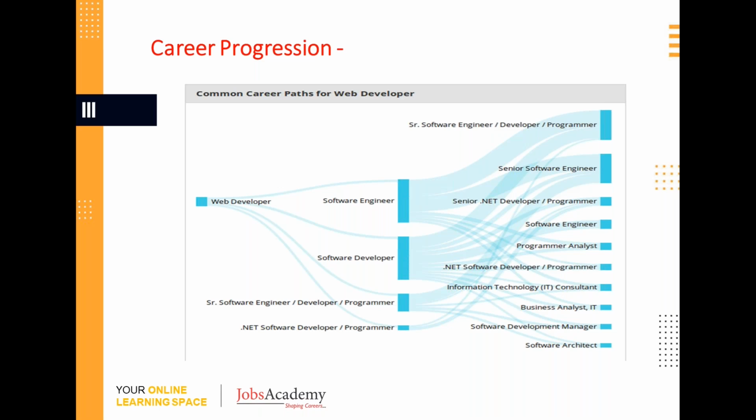If we start with software engineering or software development, we will get software programming, and after that senior software engineer, something like .NET developer, .NET programmer, and after that software engineer, programming analyst, software analyst, and information technology consultant, as well as business analyst in IT and software development manager.